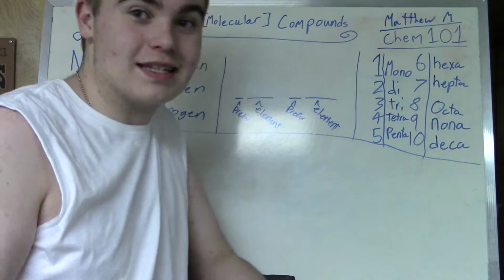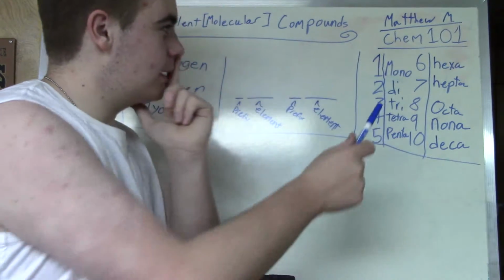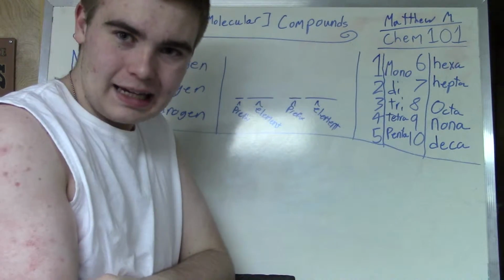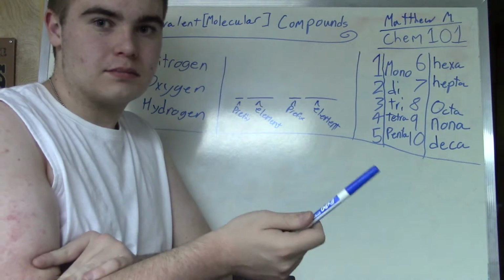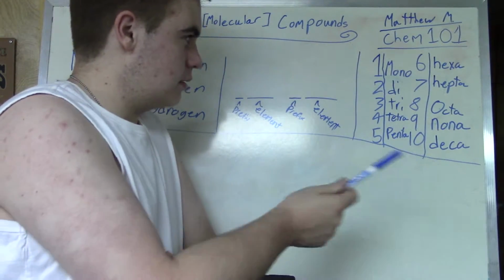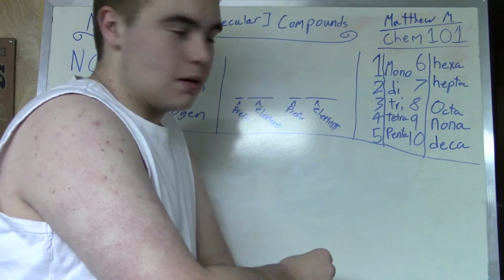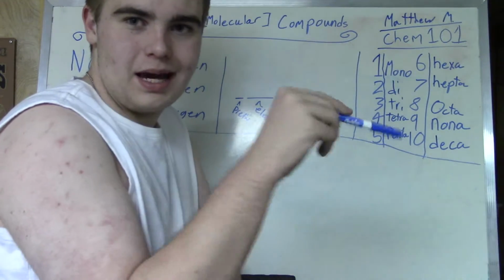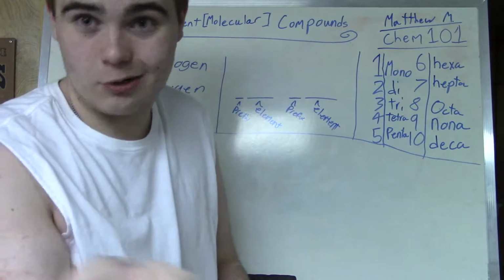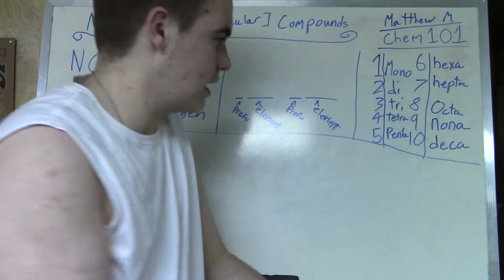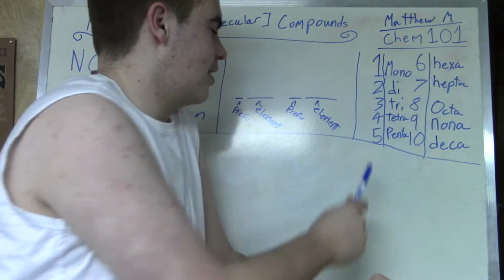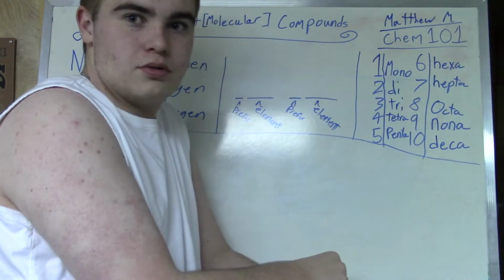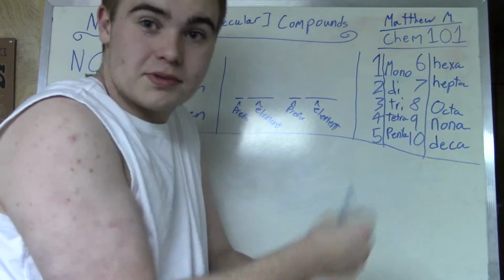And this is chemistry, by the way. Anyway, 2 is di. Bi is another one, like bicycle, but that's not chemistry. Tricycle. There, it works. Triceratops.